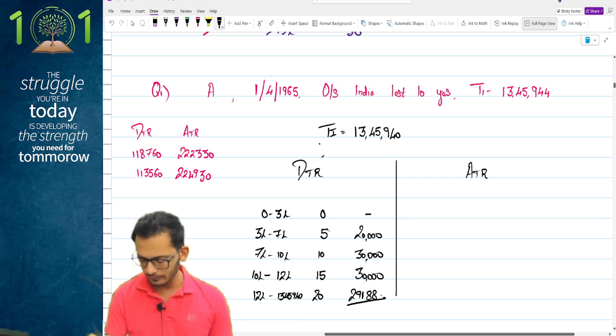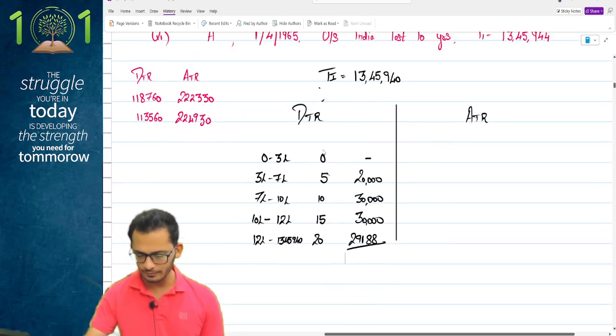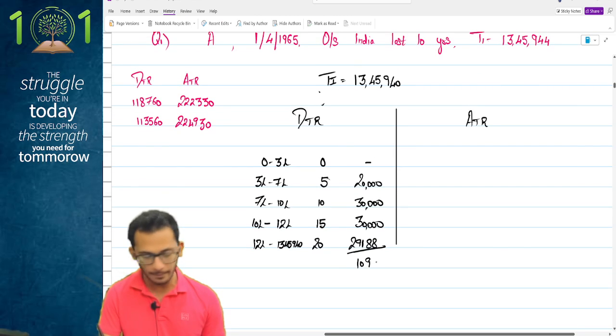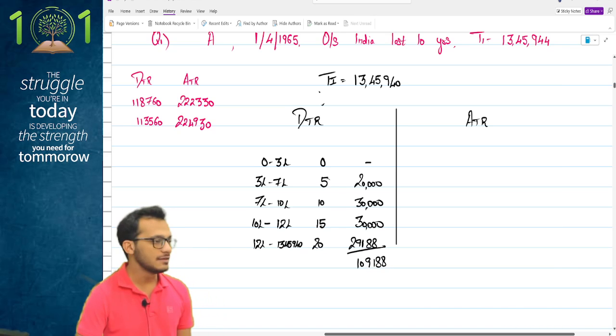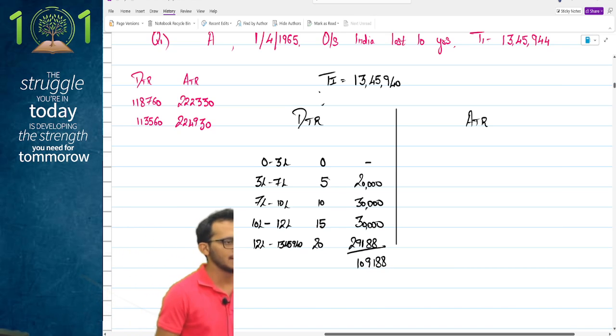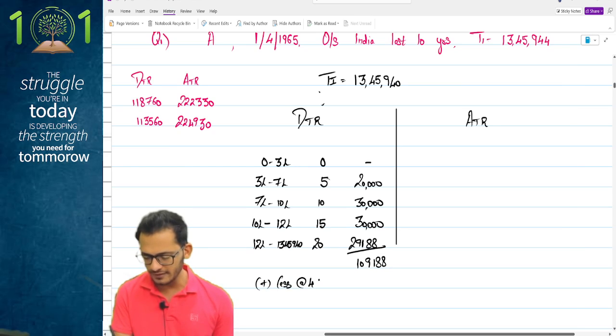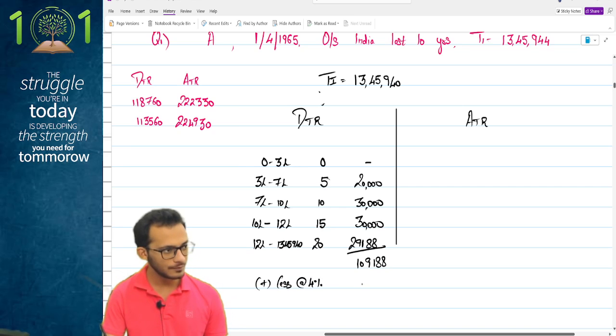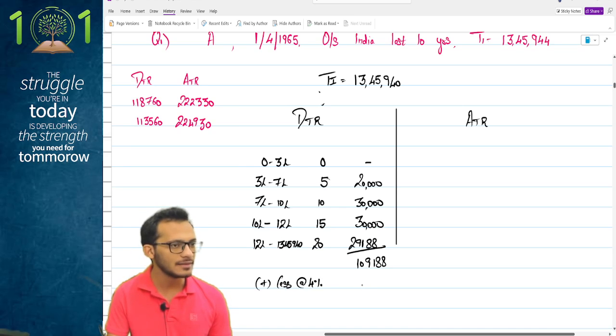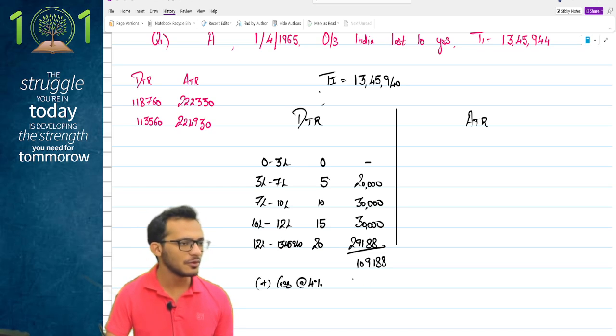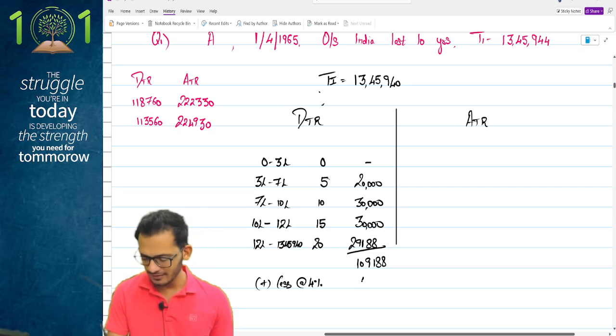29,188. Total the numbers: 1,09,188. Since you are having an income of 13 lakhs, there is no rebate, there is no surcharge. You will directly add cess at the rate of 4%. The cess number becomes 4,368.5.